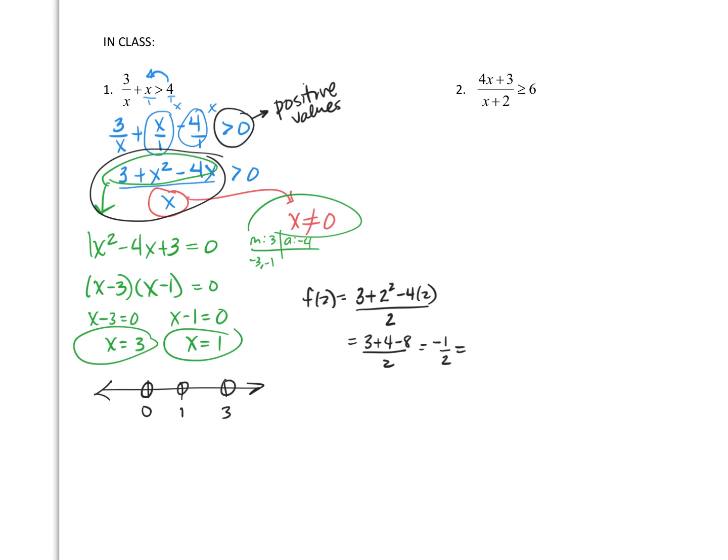So really all I care about is that that came out to be negative. Now let's pick a number adjacent to it, like a 4. If I plug in 4, I'm going to do the same thing. 3 plus 4 squared minus 4 times 4, over 4. Minus 16 over 4. All I really care is that this came out to be positive, didn't it? Yes.